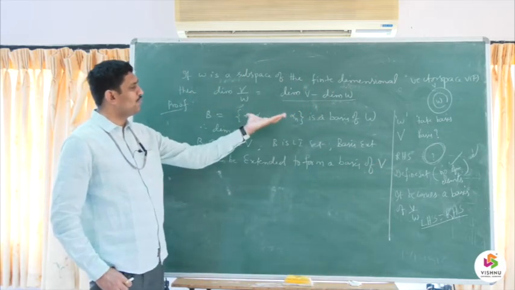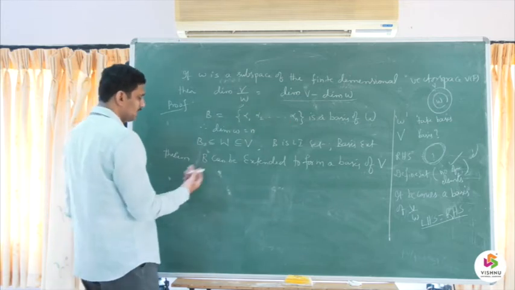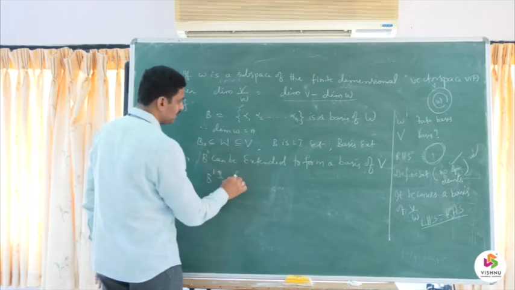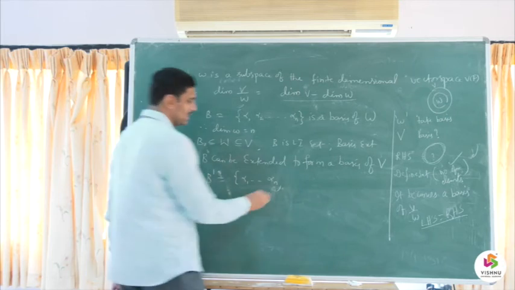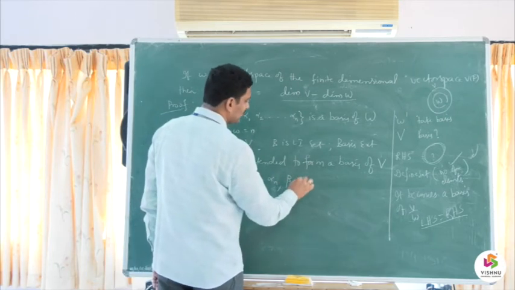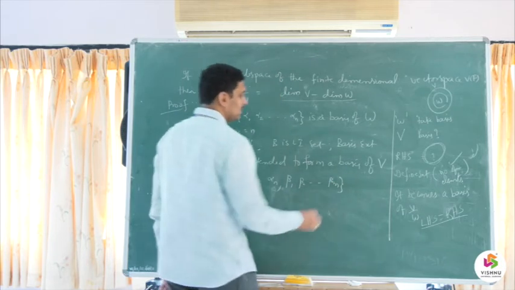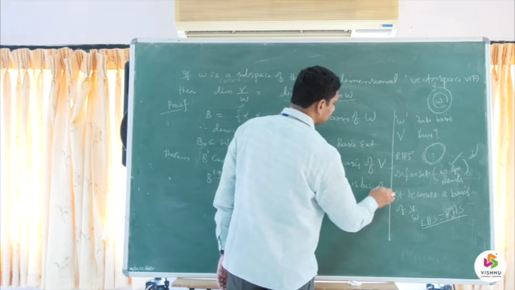By adding some more vectors to this set, you can find a basis for V. So, let us take it as B dash. B dash is equal to alpha 1, alpha 2, and so on up to alpha n. These things will be as they are. You take some more vectors beta 1, beta 2, and so on up to beta m, which is a basis of V. Let us take that.